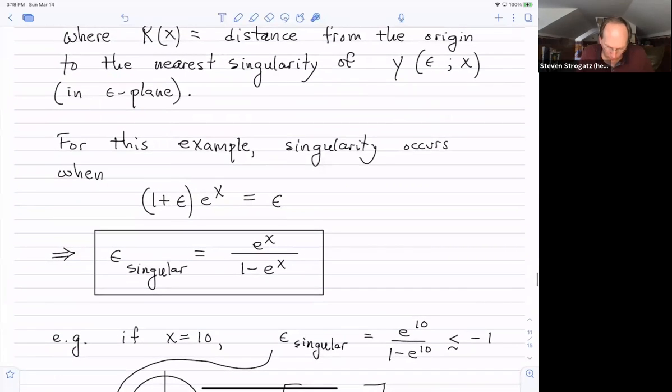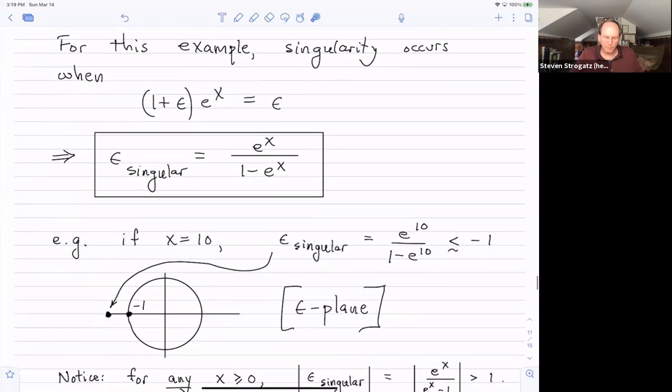But just to give you a feeling for it, suppose x was 10. If x is 10, then the epsilon singular, that's the biggest epsilon we can get, would be epsilon to the 10th over 1 minus epsilon to the 10th. In the complex plane, this is a number very close to -1 because e to the 10th is a big number. The 1 will be kind of negligible. It's actually a little bit less than -1 in the sense that it is more negative than -1.